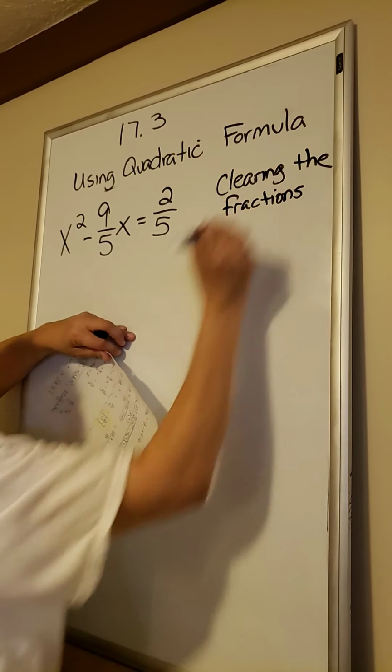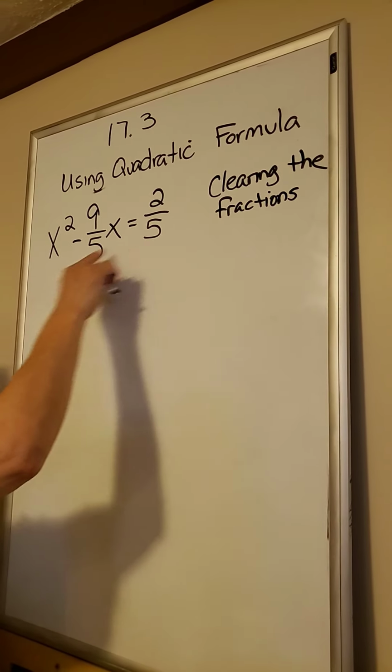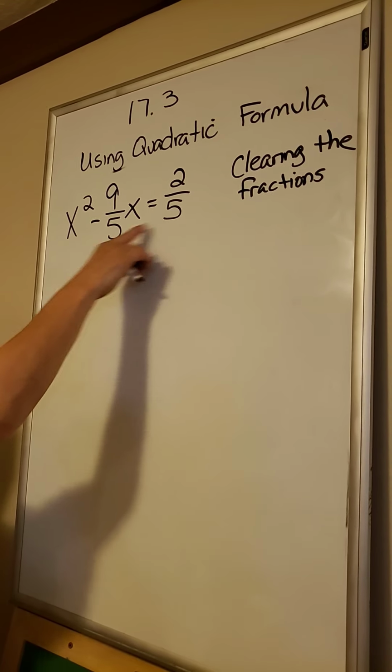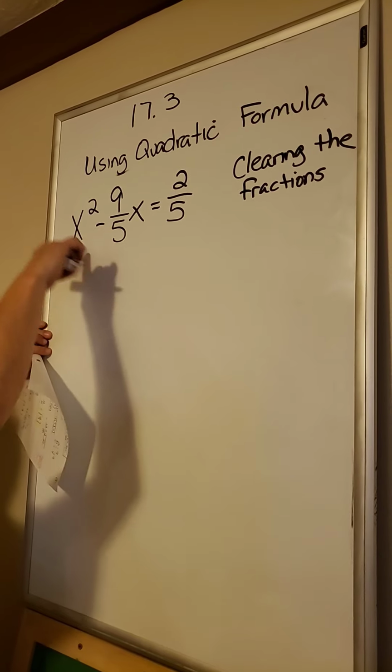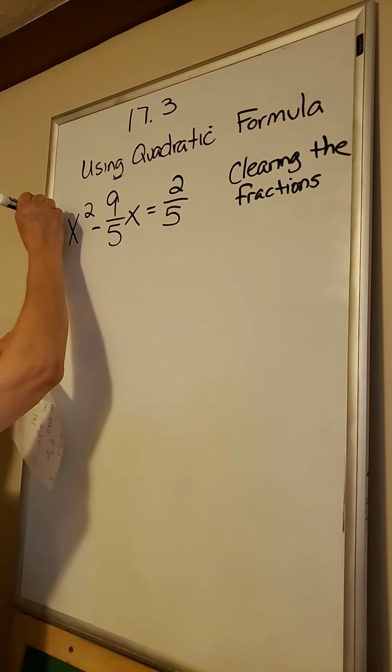Remember, how do we clear the fraction? We find one thing that we can multiply each thing by that will get rid of the fractions. So both of these have a 5 on the bottom. So if we multiply each term by 5, we'll clear the fraction.